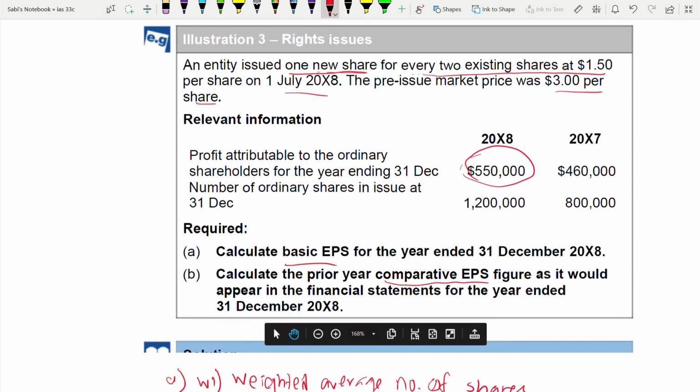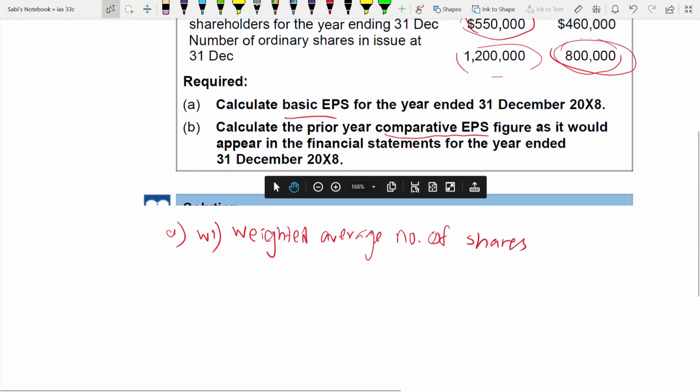So that means for 6 months you'll be having this and this for the remaining 6 months. But you have a working with this 800,000. Wait, you have to multiply it with the bonus fraction. You see 800,000 into 6/12 into the bonus fraction. You have to calculate that bonus fraction.